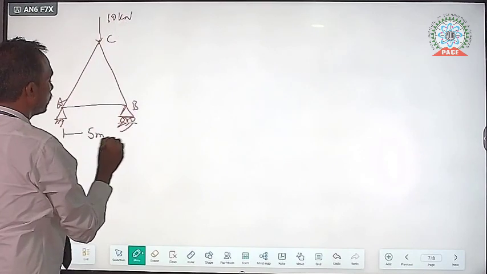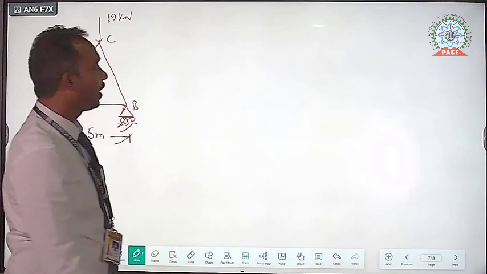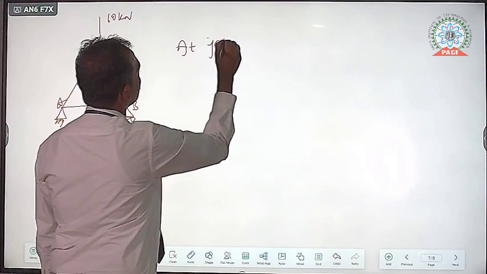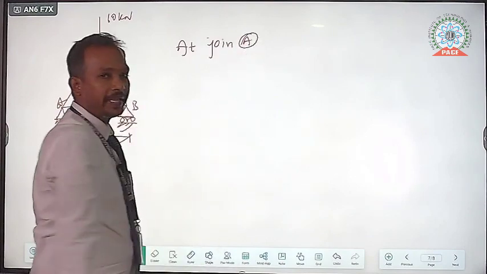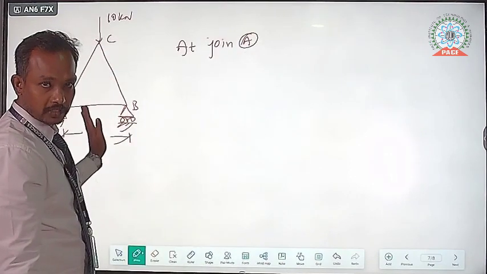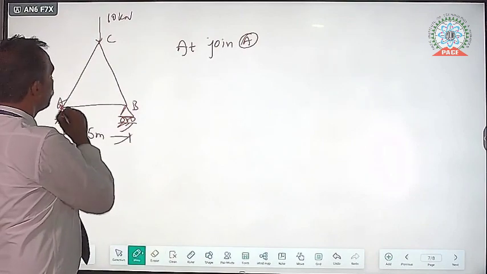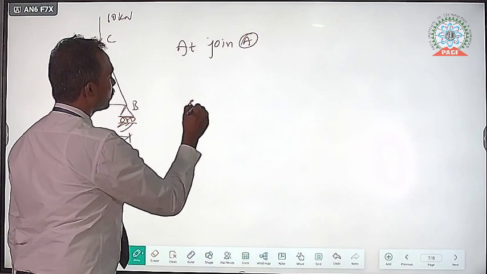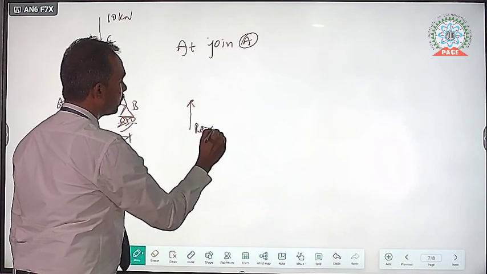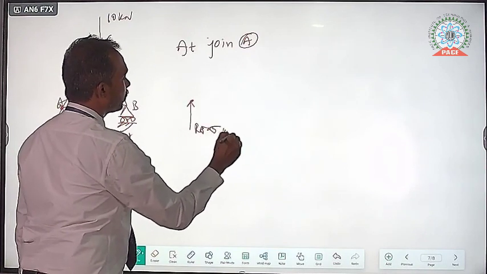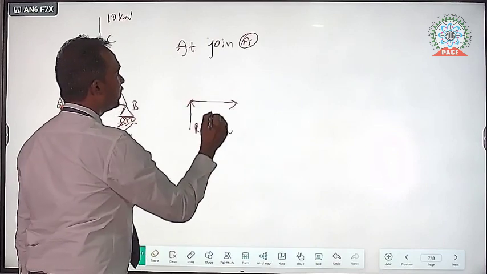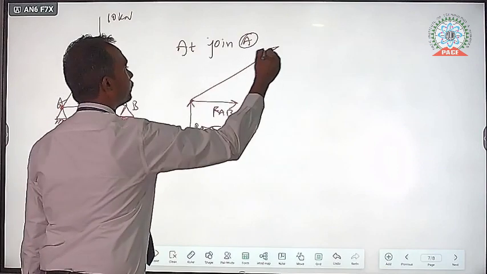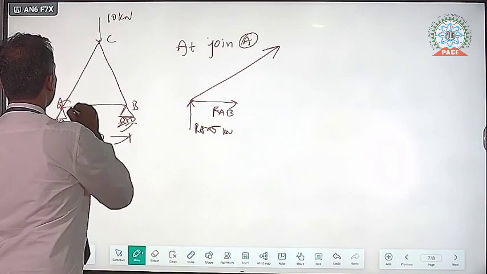Let us consider joint A. Here RA, that is 5 kilonewtons, and force in this member FAB. This is 60 degrees and 60 degrees.